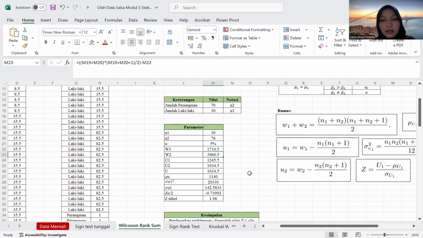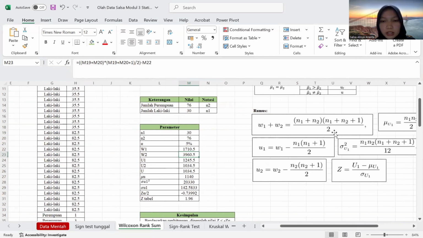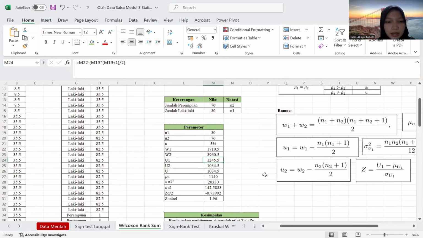After that, W2 can be calculated too. Then the statistical value U is calculated using the formula displayed on the screen. U is the minimum value between U1 and U2.